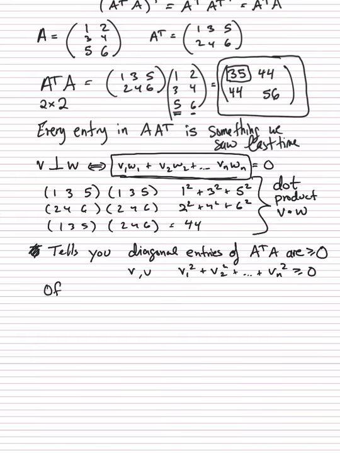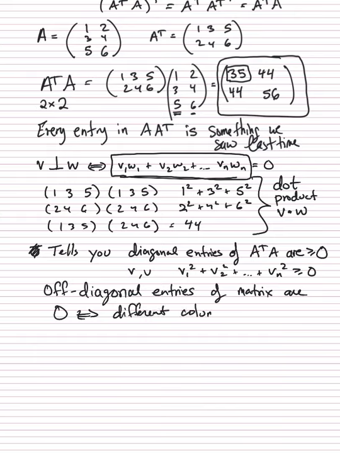And the off-diagonal entries of this matrix are 0 if and only if different columns in A are orthogonal.